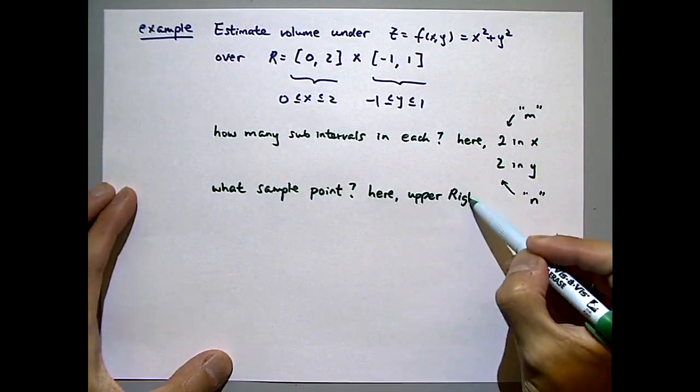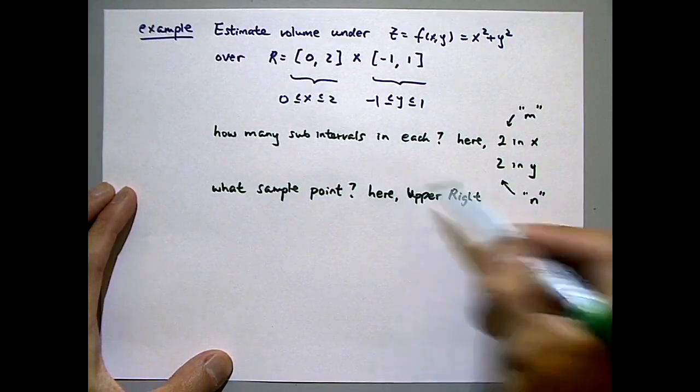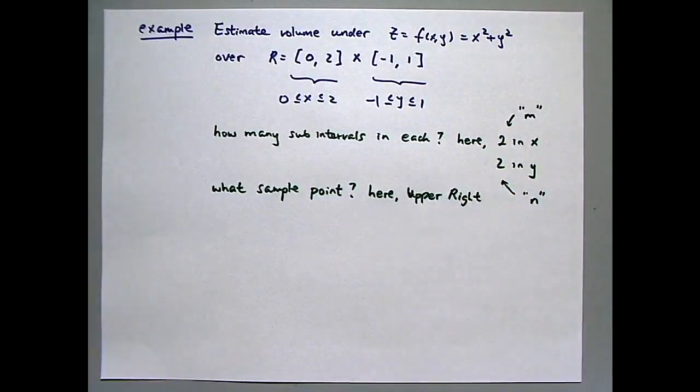I'll spell out right here: upper right. All right, so those are choices that you have to make before you do a Riemann sum. Just like with the one variable case, you make your choice how many rectangles to use and what sample point to use. Exactly the same process right here.